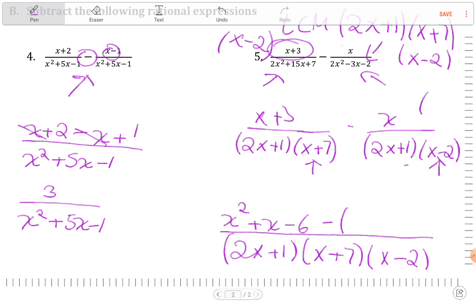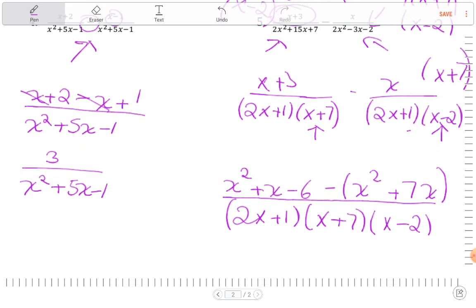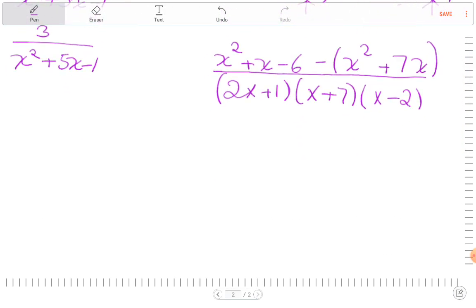So I need to multiply the x with the x plus 7, which gives x squared plus 7x. And then I can just go ahead and simplify this piece. If I have an x squared and I'm subtracting an x squared, this cancels out. I have an x minus 7x, which then would be negative 6x. And I have a negative 6 that is still over there too.